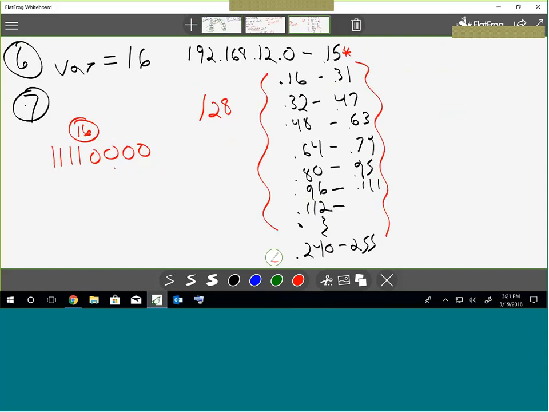So what if, and this is the entire concept around VLSM, what if I can leave all of these other subnets alone? I'm going to use these just as they are. I'm not going to touch them. I'm not going to mess with them. But I'm going to take this first subnet and I'm going to say, you know what? Let's borrow one more bit. In other words, let's go to 1, 2, 3, 4, 5, 6, 7, 8.